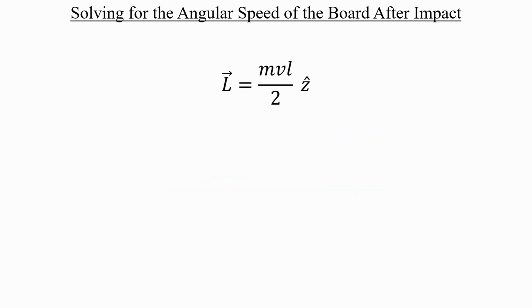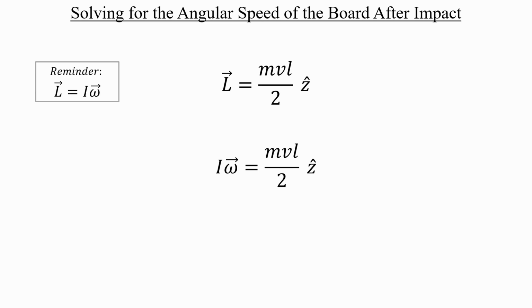The next thing we'll do is take advantage of this relationship between angular momentum and angular velocity, which we should substitute in as well over on the left-hand side. Since we're dealing with multiple objects here, let's add a subscript on I, indicating that we're using the moment of inertia sum of the board and the bullet.